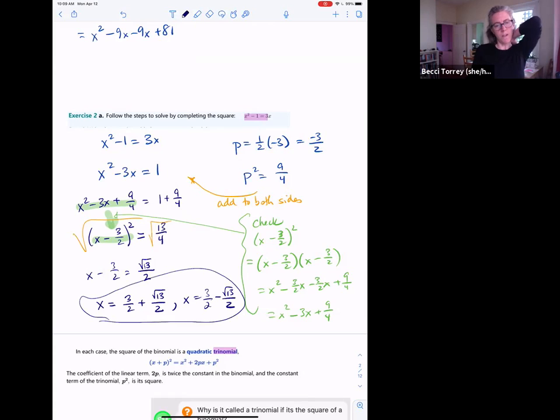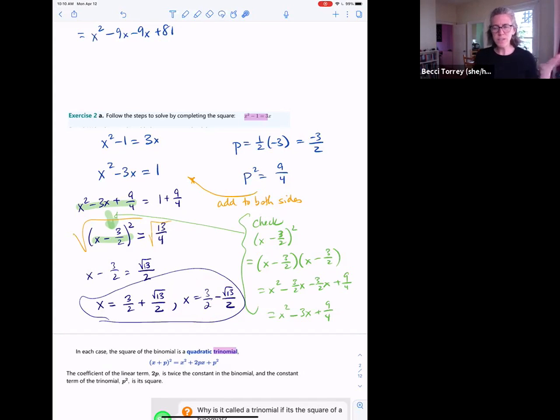So completing the square is a nice way to solve your quadratic equation when you can't just factor it with nice integer values, right? So we would be very unlikely to come up with these square root of 13 over 2 values when we're just factoring it the way we learned earlier in the semester. So completing the square is one way to do that.